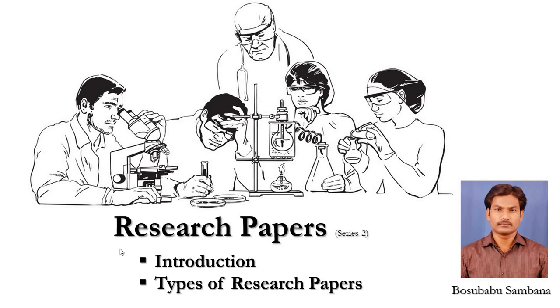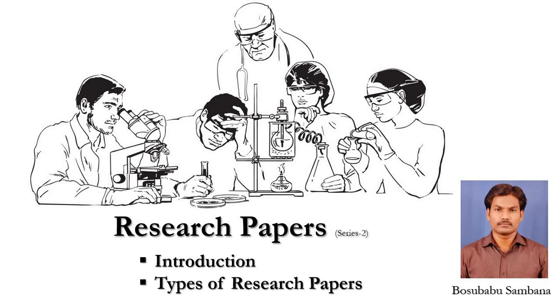We are discussing research papers, series number 2. Already in series number 1 we discussed how to write a paper and what is research, including various factors: introduction, types of research papers, guidelines for writing successful research papers, writing tips, and the research cycle.